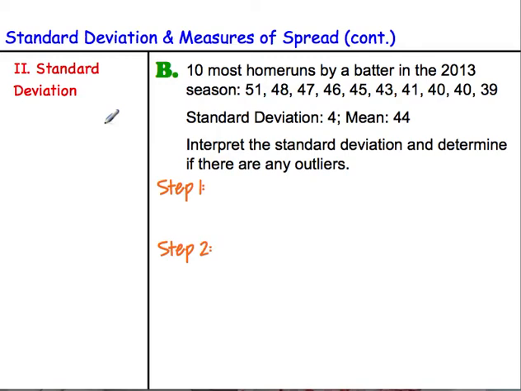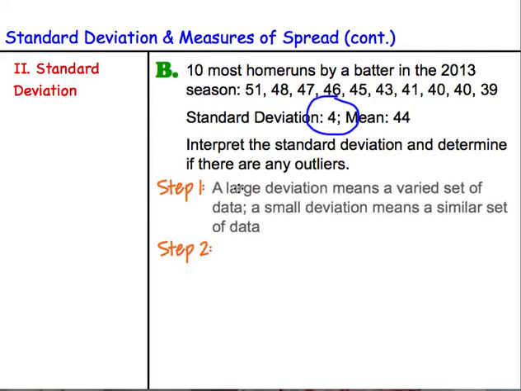First, I'm going to talk about this standard deviation of 4 here. What that means is that each deviation will be 4 home runs. The first thing we really want to do is ask ourselves, is it a large deviation or a small deviation? If it's large, it means there's a varied set of data. If it's small, it means a similar set of data.